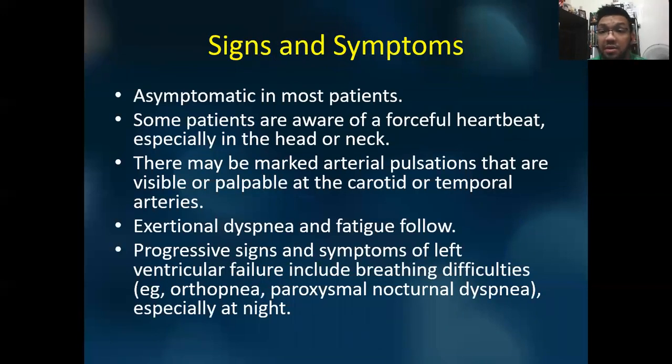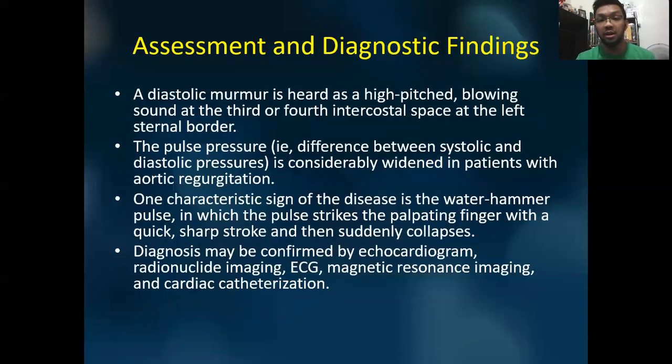Signs and symptoms, this one again is asymptomatic in most patients, but the patients may be aware of a forceful heartbeat, most especially of the head or in their neck. And there may be marked arterial pulsations that are visible or palpable at the carotid or temporal arteries.